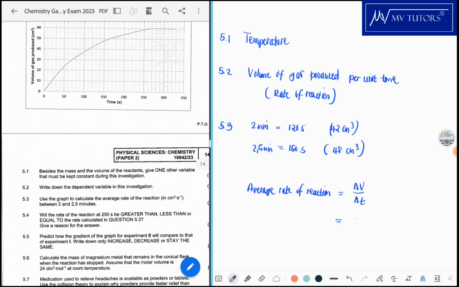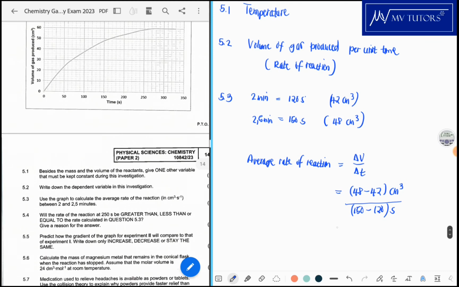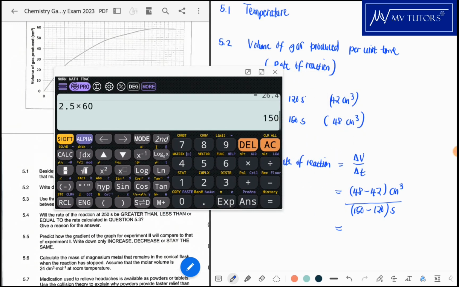So we have 48 minus 42, that's cubic centimeters, and then 150 minus 120, and that is seconds. They didn't tell us which unit to use, so, oh, they did: cubic centimeters per second. That's great. If they had said cubic decimeters, you'd have to convert from cubic centimeters. But at least we don't have to convert anything at this point.